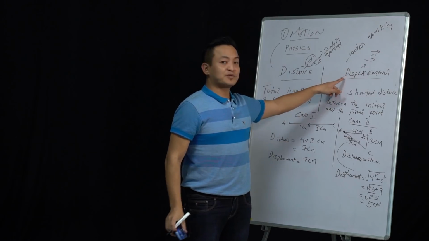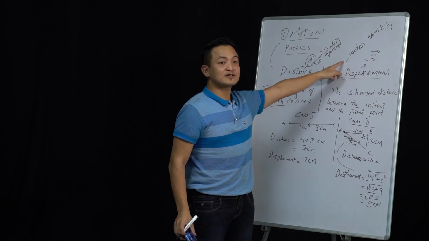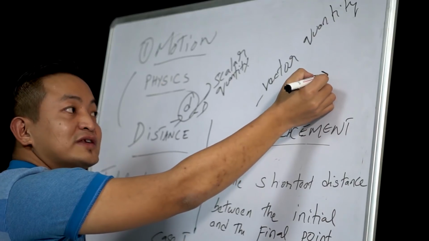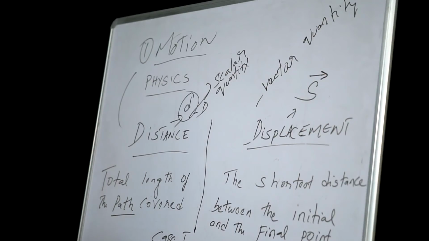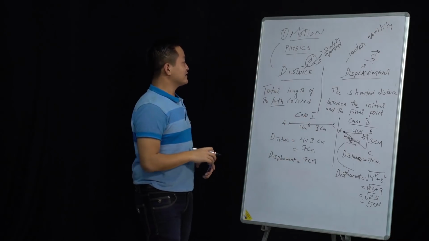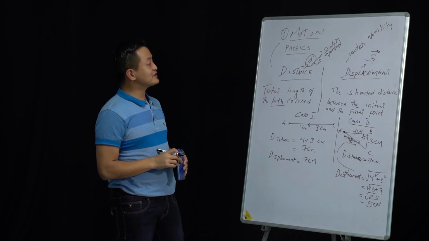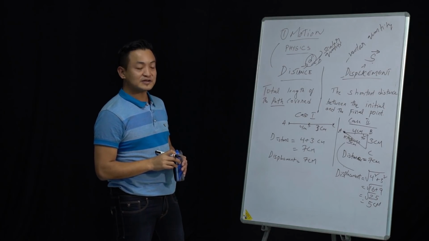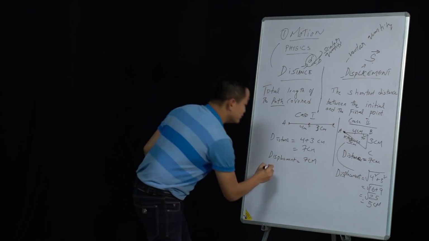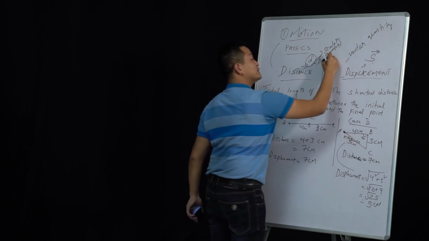And displacement is represented by the letter S. Since displacement is a vector quantity, we identify it with a bar or an arrow on top of the letter. Clear? Okay, what is the SI unit of distance? And what is the SI unit of displacement? What do we write after the number? We write meter, right? So the SI unit for both distance and displacement is meter.